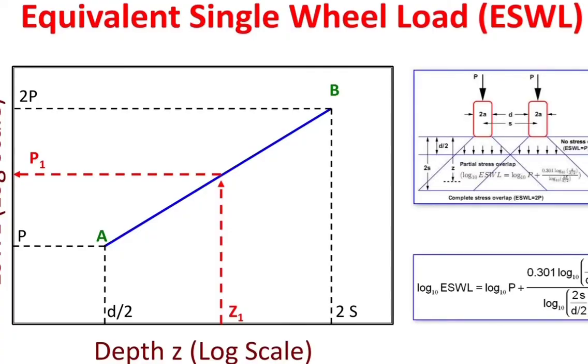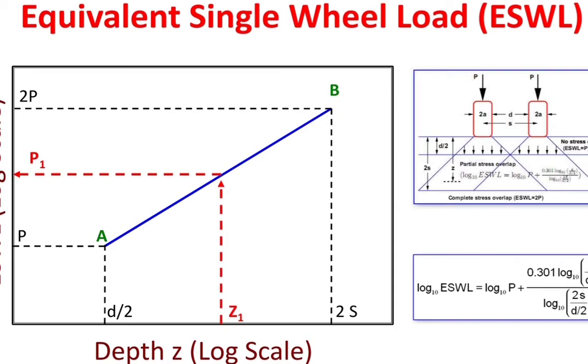On the x-axis we see the depth on log scale, and on the y-axis the equivalent single wheel load on log scale. Here the points we have marked are A and B. So A is d by 2 and P, whereas point B is 2s and 2P. And in between, at any depth, that particular equivalent single wheel load can be found at that particular depth.